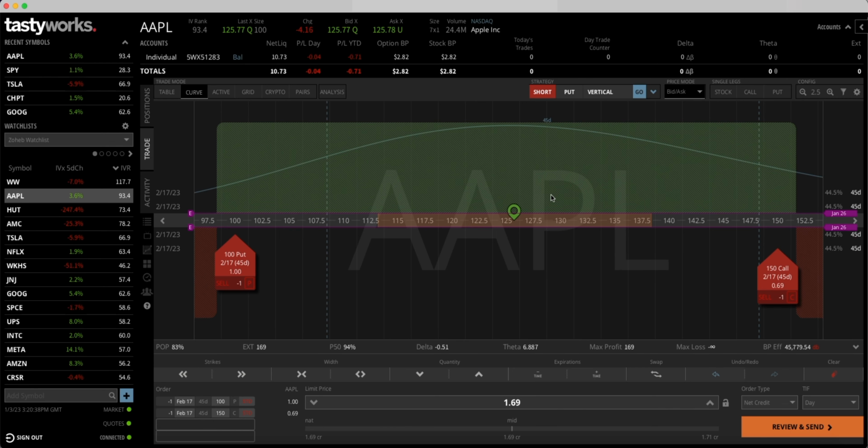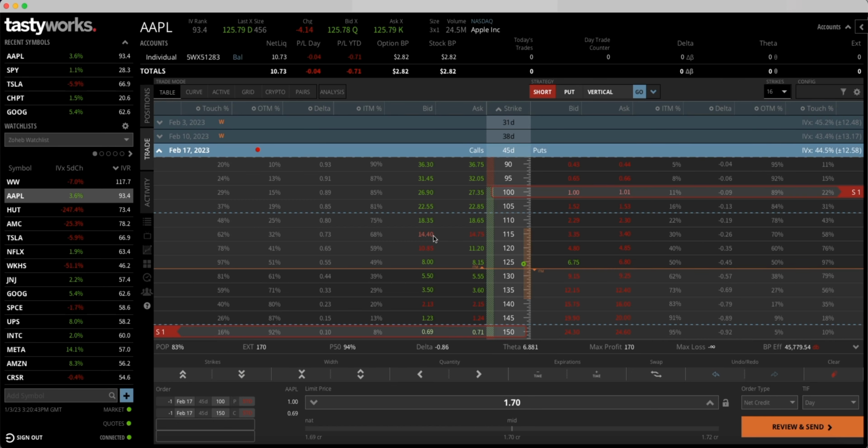Now, the next question is, what is my break even? So I go back to the table side, it has the break evens on it. Your break even is your strike minus the credit you receive. So it is, what's that? 100 minus 1.70 in this example, 98.30 on that side, and 151.70 on the upside.